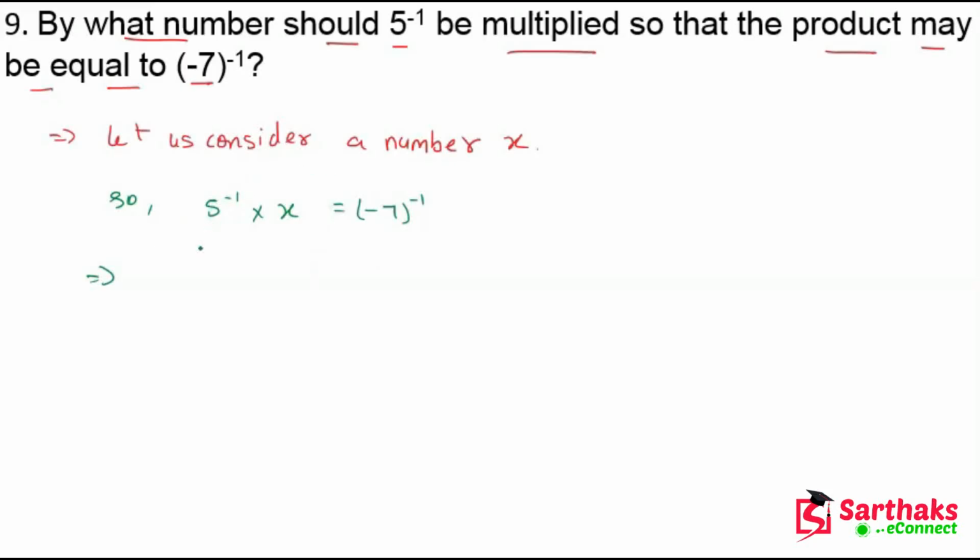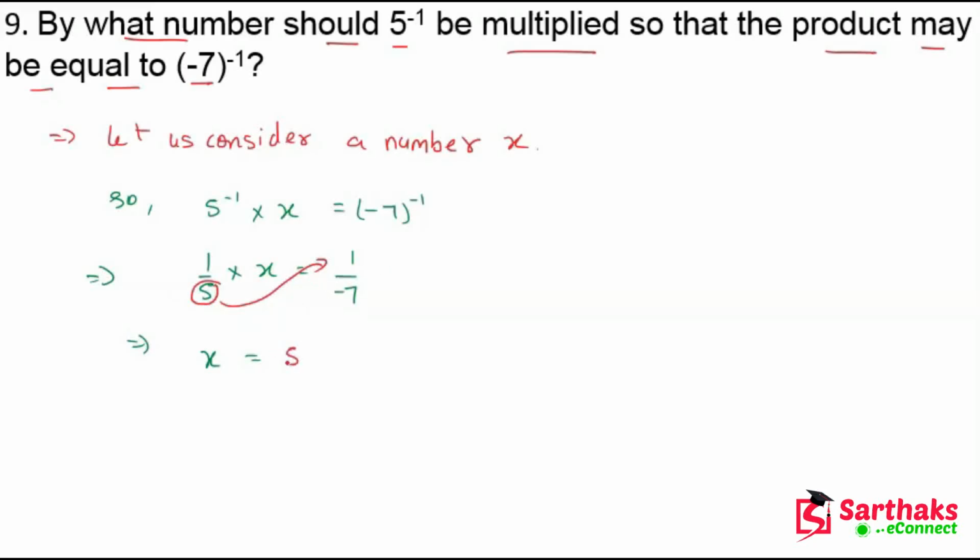Here we can write 5 raised to power minus 1 as 1 upon 5, so 1 upon 5 into x equals 1 upon minus 7. Now you can see that x will be, this 5 is in division, and if we shift it to the RHS, it will go in the numerator in multiplication.